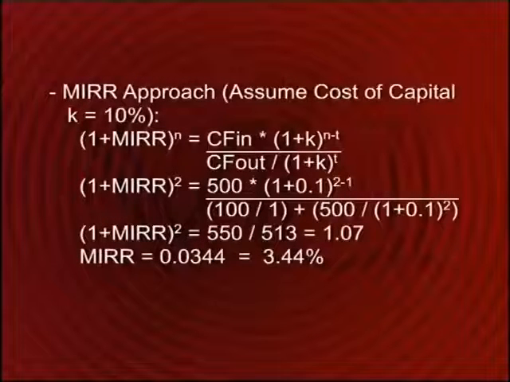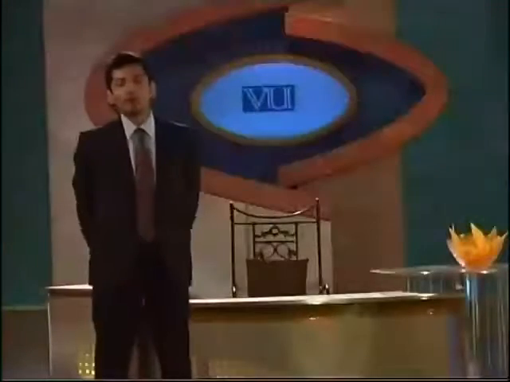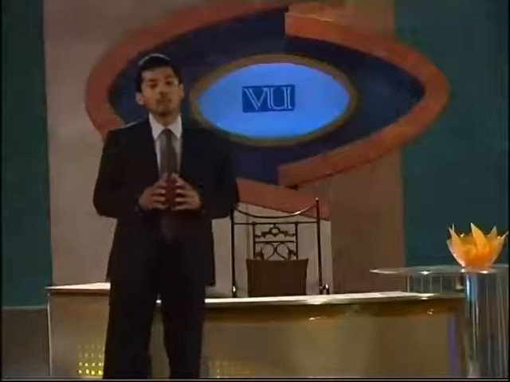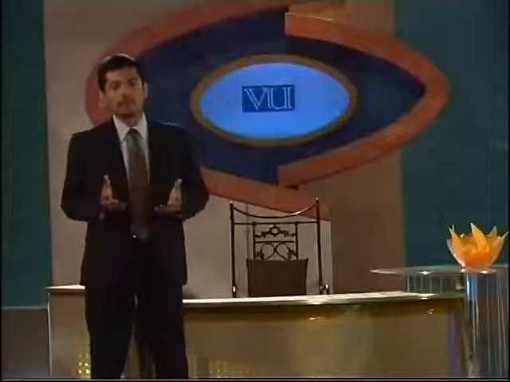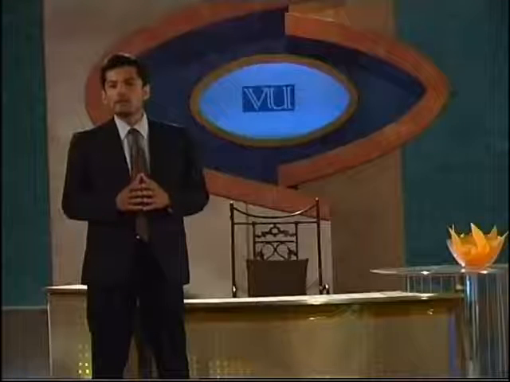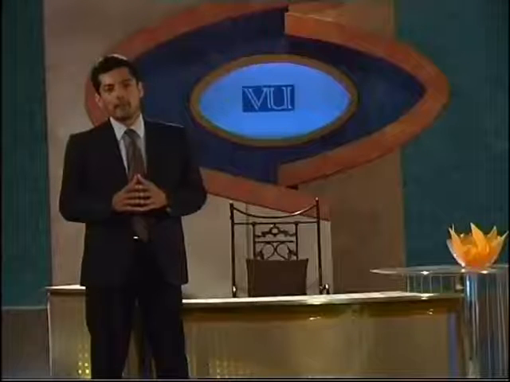So we would divide 500 by 1.1 squared. The final answer that you get if you solve this equation for MIRR would be 3.44%. Now, you'll note that this 3.44% is entirely different from the answers we got using simple IRR, which were 38% and 260%. However, this modified IRR technique, or MIRR, gives you the best answer possible.